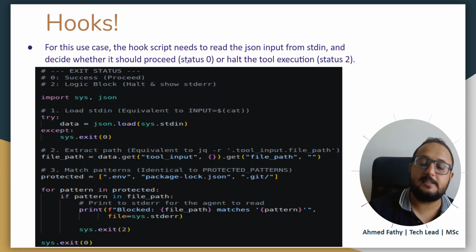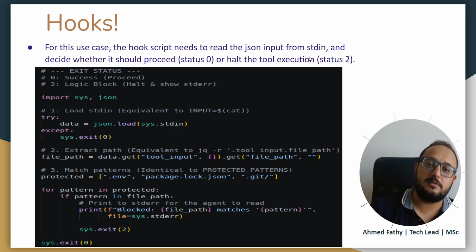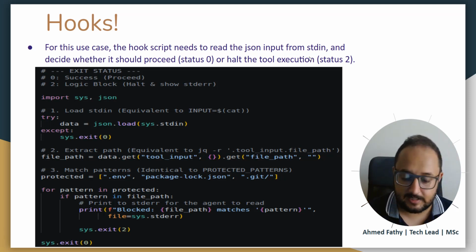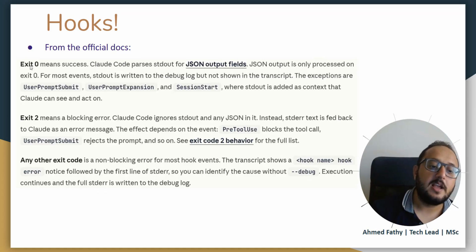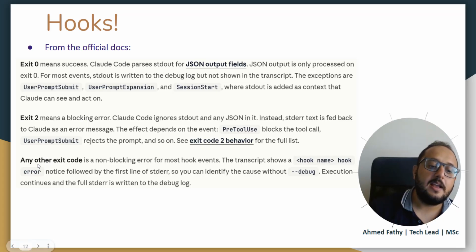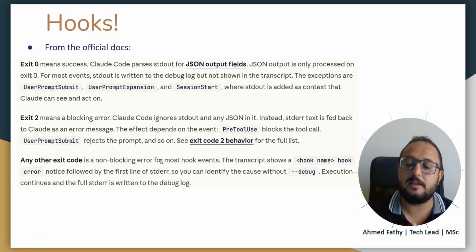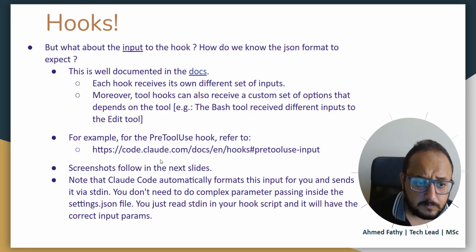For example, if this is a pre-tool use hook, status 0 means proceed, and status 2 means halt the tool execution. This is again in the documentation. Exit 0 means success, exit 2 means a blocking error, any other exit code is a non-blocking error. And again, you can read more about this in the documentation.